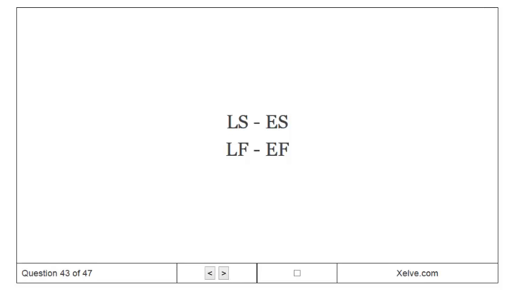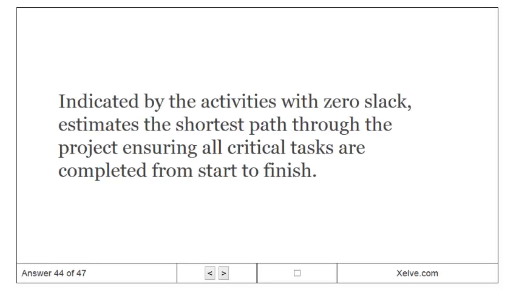LS, ES, LF, EF. Slack equals critical path, indicated by the activities with zero slack, estimates the shortest path through the project, ensuring all critical tasks are completed from start to finish.